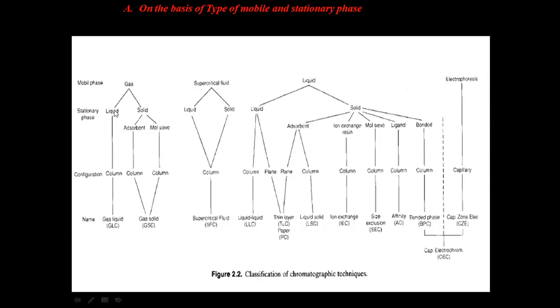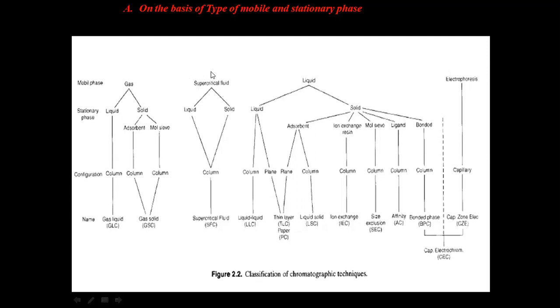If we have a liquid stationary phase and you are doing chromatography on a column, then we call it gas-liquid chromatography. Now, if you have a solid stationary phase, it can be a simple adsorbent, or it can be a molecular sieve. If you bring out the separation on the column, this is called gas-solid chromatography.